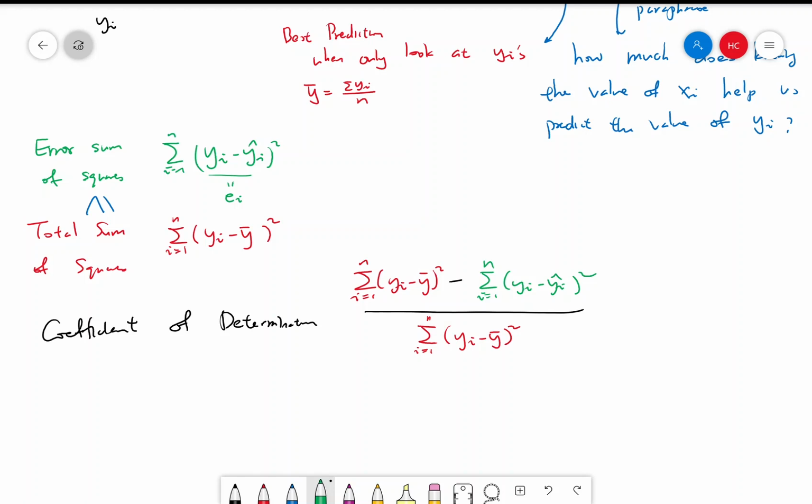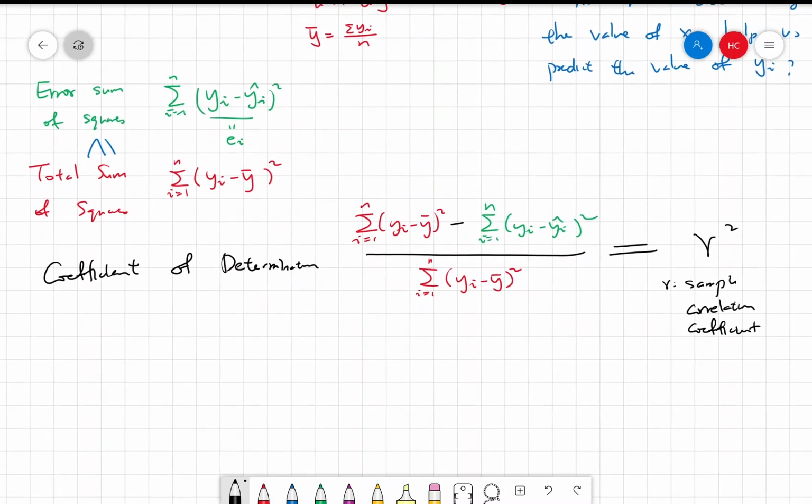Okay, so this is called a coefficient of determination, and again, not proving this, but this actually is equal to r squared, and r, remember, is the sample correlation coefficient. Okay.